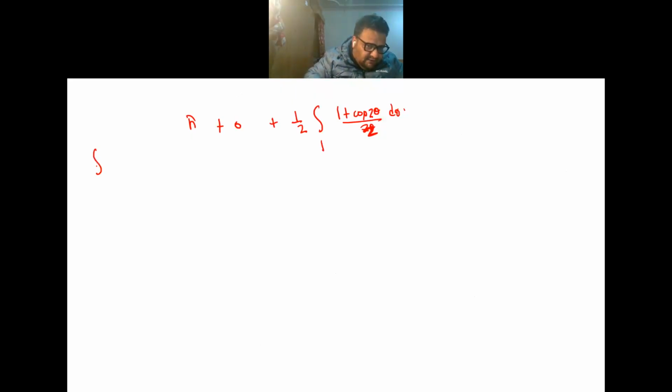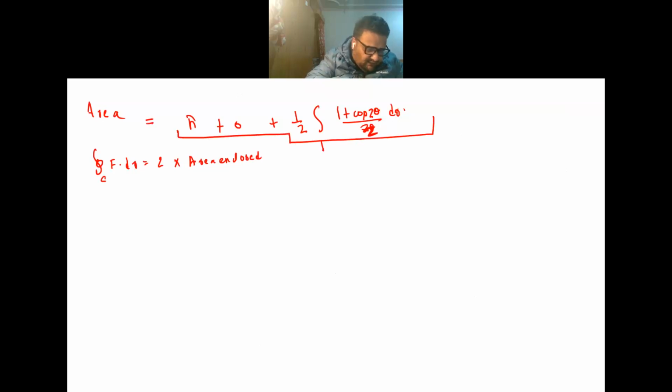Your line integral, this f dot dr is twice into area enclosed. Here only we have just calculated the area. For this section, we have just done the first part of the area. If you notice this first part of the area, you are just remaining with this part, right? So if you just substitute in this part, you will get the answer. So just put this part over there and you will just get the answer.